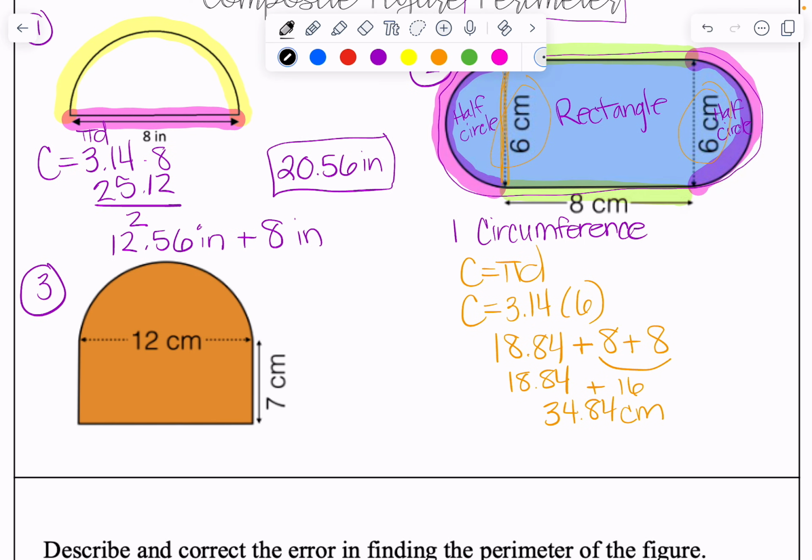And then when we look at number 3, we want to kind of identify what shapes we have. We have a half circle, and I see a rectangle. So remember, again, we're doing perimeter, so just care about that outside edge. So first I'm gonna go ahead and figure out half of that circumference. So half of the circumference plus that rectangle.